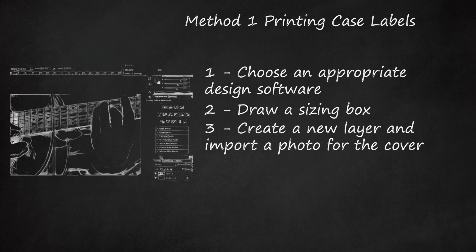Browse through your saved photos or search for one online. The simpler, the better, in general. You can change the background color scheme to match your desired image later, if necessary. Select Import Image and resize and trim the image to fit the box if necessary. You can usually do this by dragging.